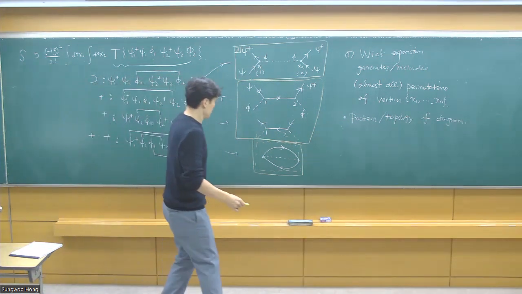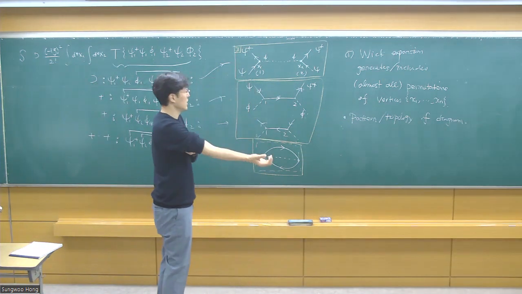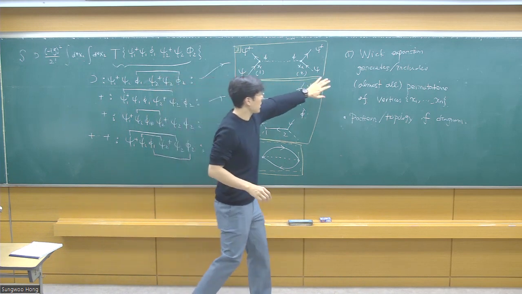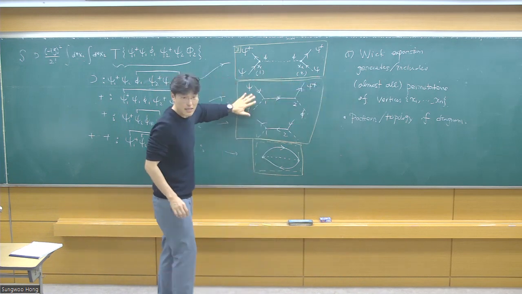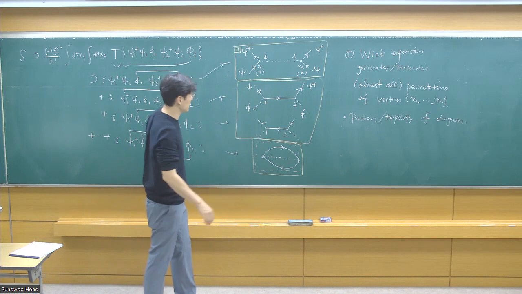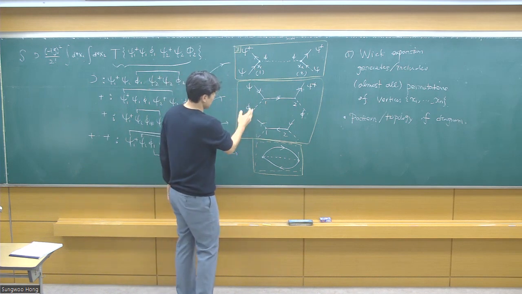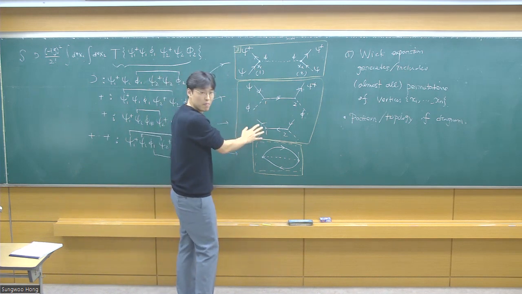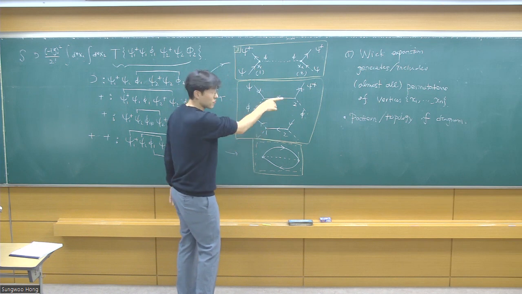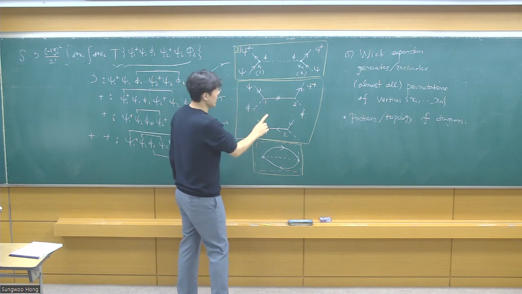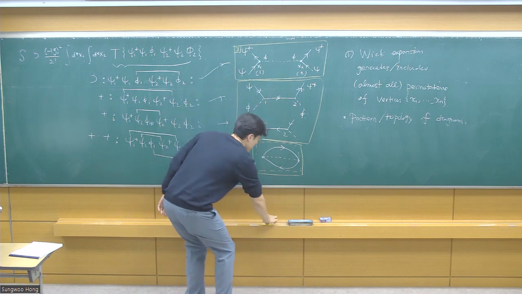Okay? So now let's observe it. In order to make this point, let's look at the second kind of diagrams, second topology. You see, this is almost the same, except for the order of the arrows. And in fact, this one can be rewritten as follows.